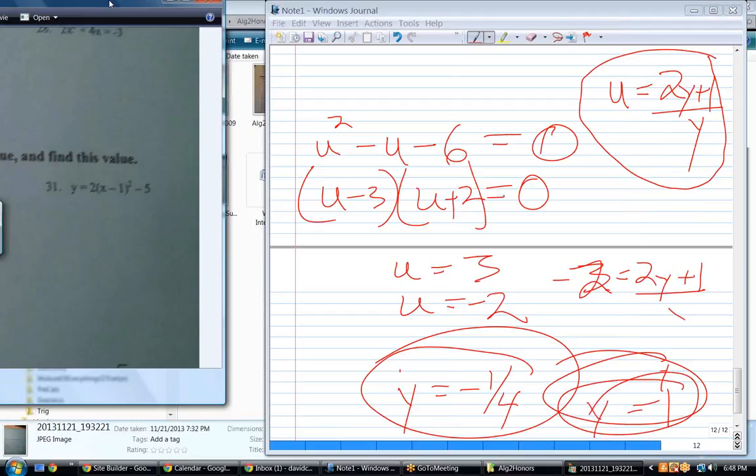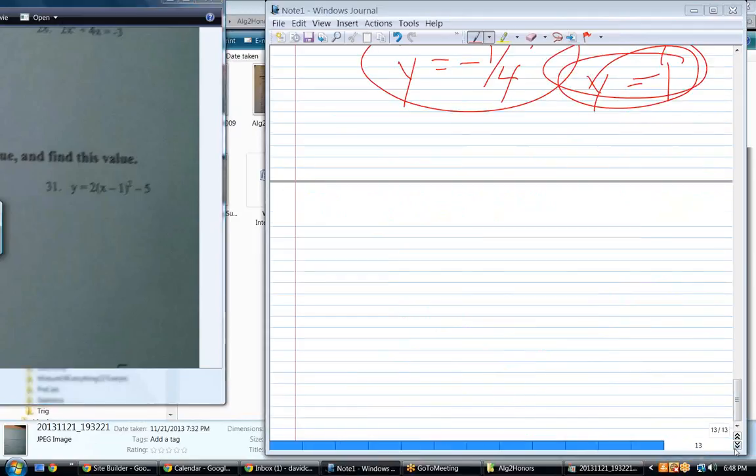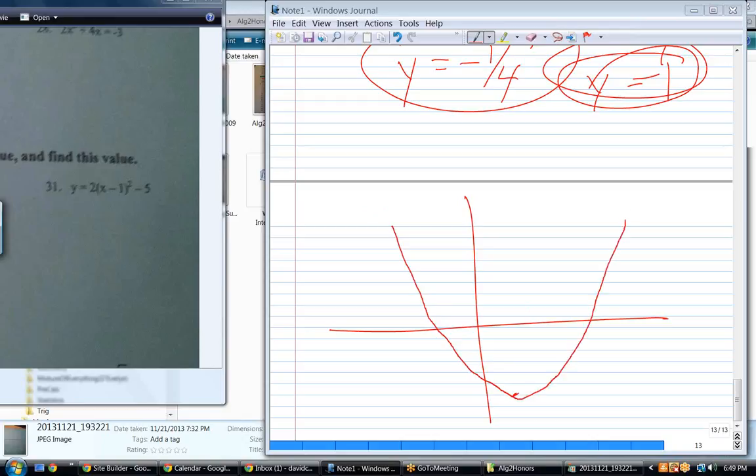Let's just look at 31 because it's a good one to start with on this. Wouldn't the minimum just be the vertex, so it would be 1, negative 5? Well, the minimum they're referring to is the y value. Okay? So you're correct. It's 1, negative 5, and that's what the parabola looks like.